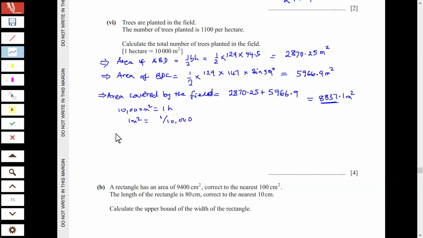And then 8,837.1 meters square will be equal to 1 over 10,000 times 8,837.